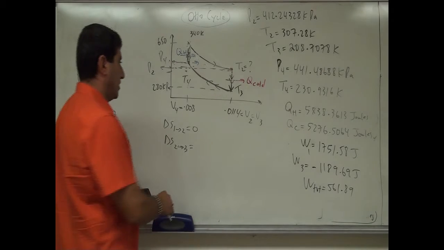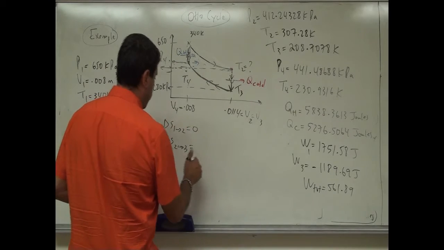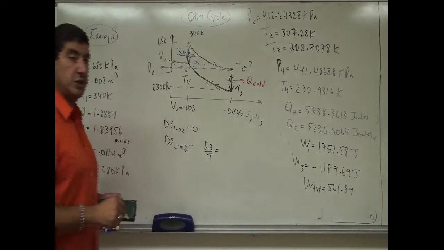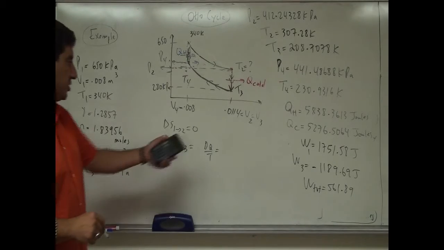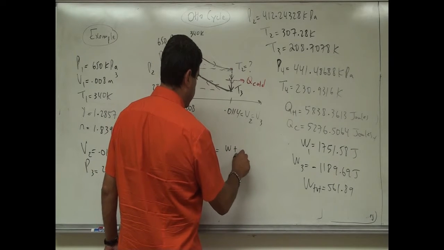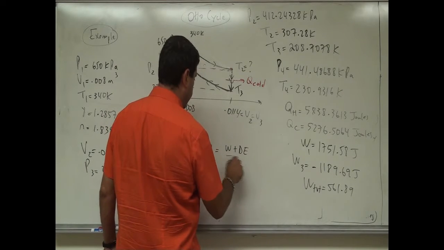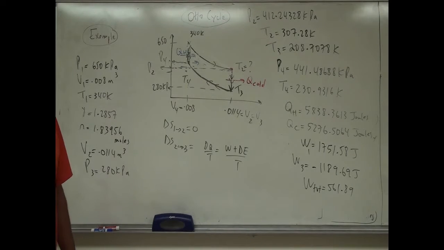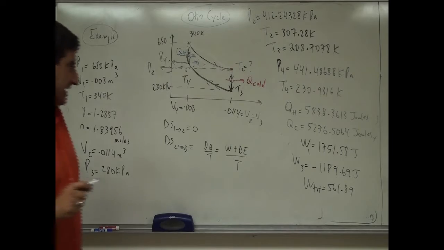Remember, delta S is equal to delta Q over T, but then the heat into the gas is going to be what? dQ is going to be equal to the work done by the gas plus the change in internal energy of the gas, right? But in the isovolumic process, the work done by the gas is 0.